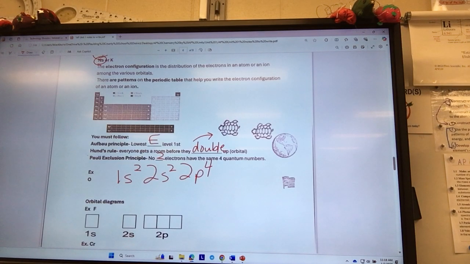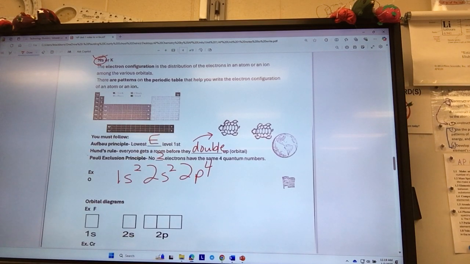Then 2s2, 2p6, 3s2, 3p6, 4s2, 3, it drops down 1, so I'll put a 3 on my periodic table. 3d10. Now we're back to 4. 4p6.